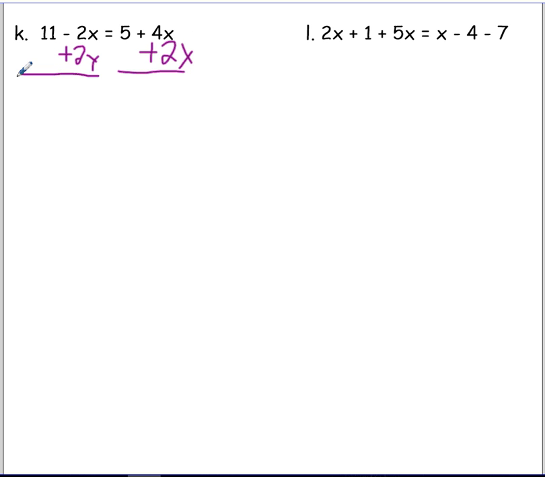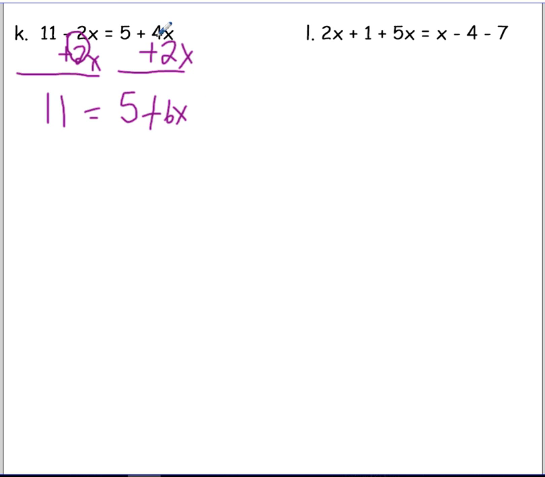Make sure that you're lining up like terms so you can properly combine them. Negative 2 plus 2 gives us 0, so 0x disappears, and we'll bring down our 11, and our 5 gets brought down, and then 4x plus 2x will combine for 6x.